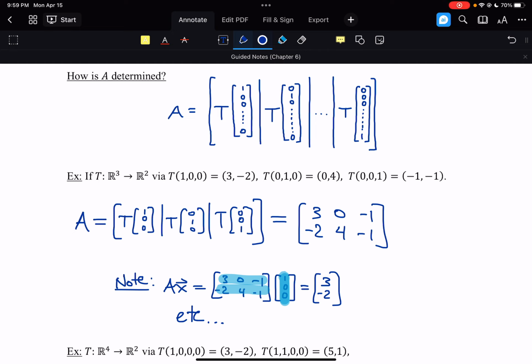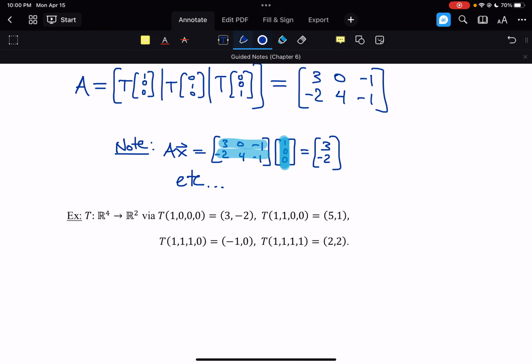Because we were able to transform a basis, that gave us all of the columns for A, and then we can use A to transform anything, not just these three. We could multiply it by any vector we wanted and get out the result for the transformation.